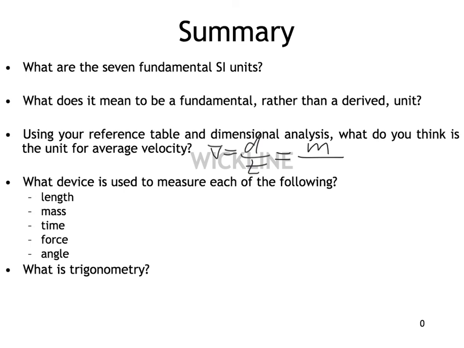T is the quantity time, which is actually measured in seconds. So the unit for average velocity is actually meters per second, and that's one way to use your reference table and dimensional analysis to solve the question. So also take a moment, make sure you know which devices measure each of these quantities, and lastly, trigonometry is the study of right triangles.